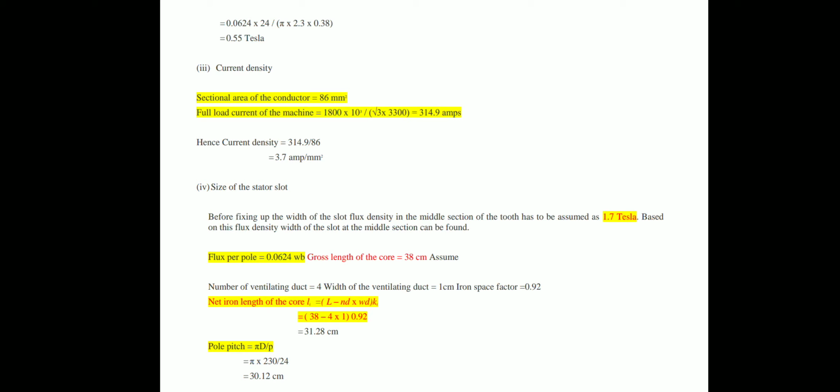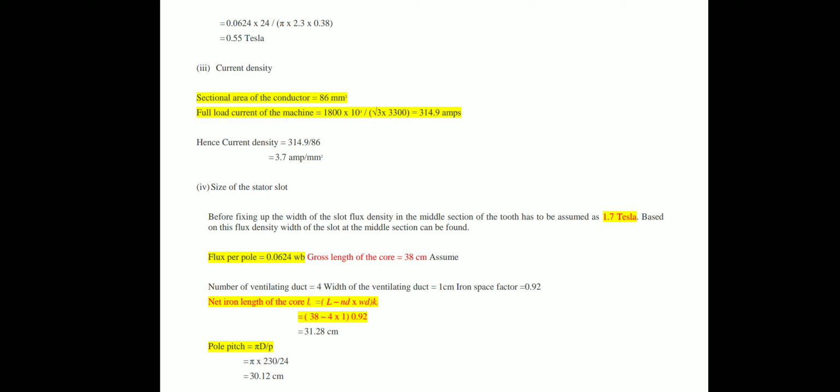Nd is your number of ventilating ducts and Wd is your width of the ventilating duct, that is 4 into 1, which is subtracted from L, and the whole is multiplied by iron space factor, which is 0.92. This is given in theory. Generally we select an iron space factor in the range of 0.92. Net iron length of the core is coming 31.28 centimeter.